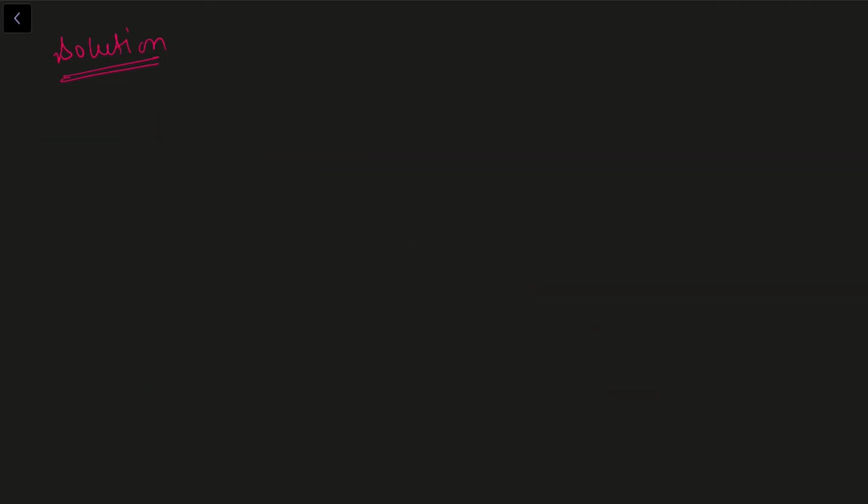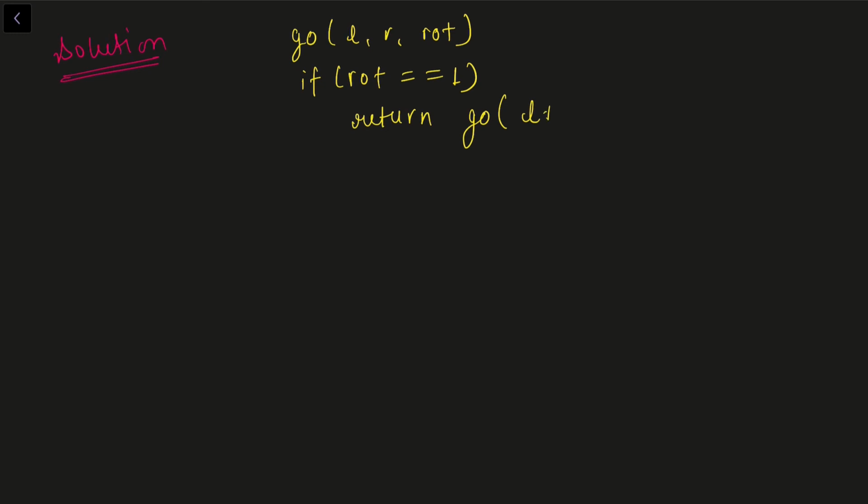Now let's say our recursion looks like this: go from L to R, and this is rot. Then we have two cases here. If rot is equal to 1, then we can perform only one transition, and that is we can return go from L plus 1 to R minus 1 with rotation intact, plus we'll compare the first character of our current string with the last character of our string that we need to convert it into.